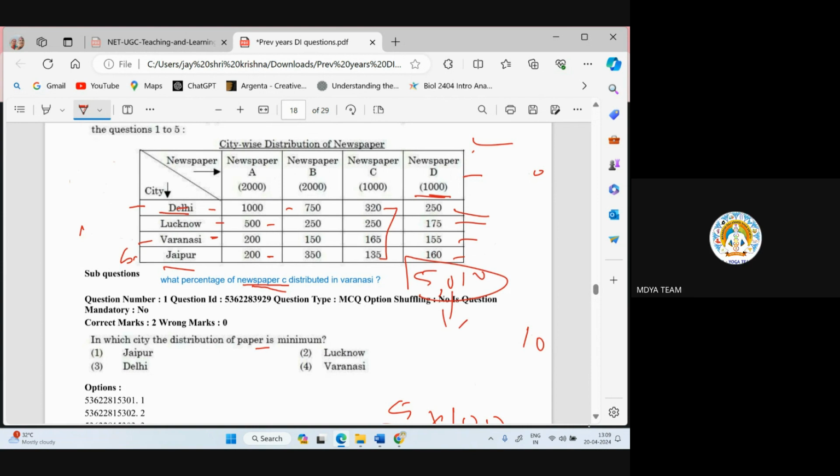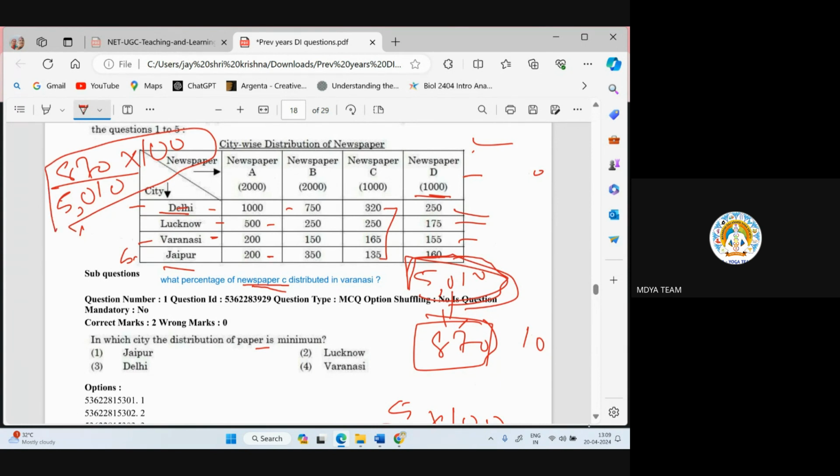So this is our main subject, and we have to find its percentage as compared to 5010, or we can also say this is our total and this is our part. Any formula you apply, it's okay. So in summary, we will write 870 upon 5010 multiplied by 100. Understood this?